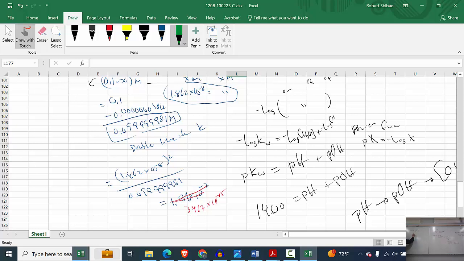Given our initial concentration of 0.1 molar acetate and the accepted Kb value for acetate, 5.55 times 10 to the minus 10, why don't you go ahead and try to calculate the pH for this?